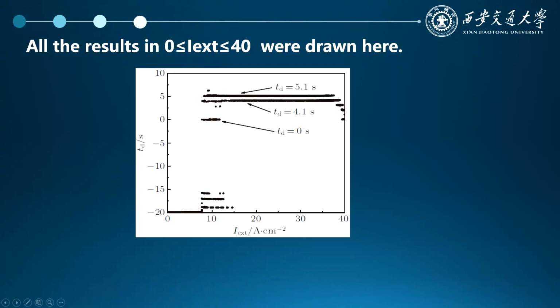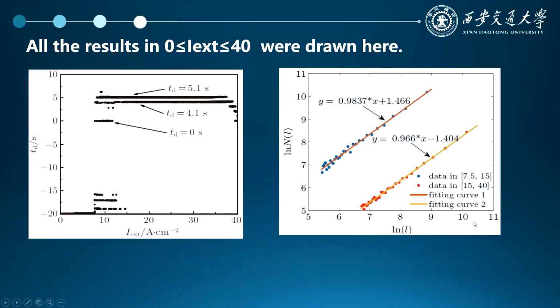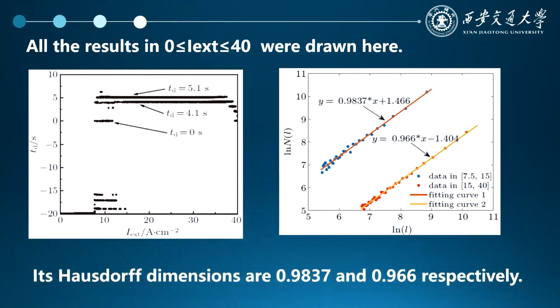So the fractal dimension is calculated in different intervals, and the calculation method is the same as before. Its Hausdorff dimensions are 0.9837 and 0.966 respectively. Here we can see the delay influenced by stimulus intensity also has a fractal characteristic.